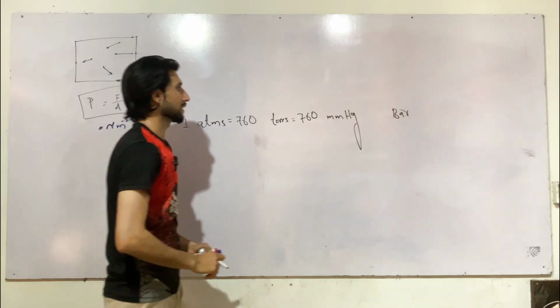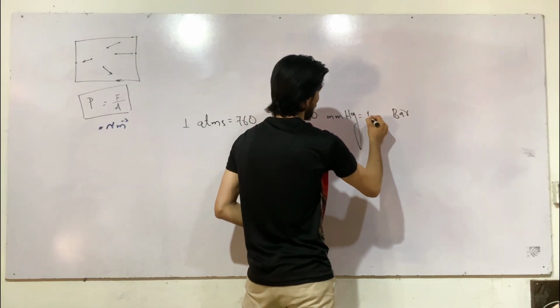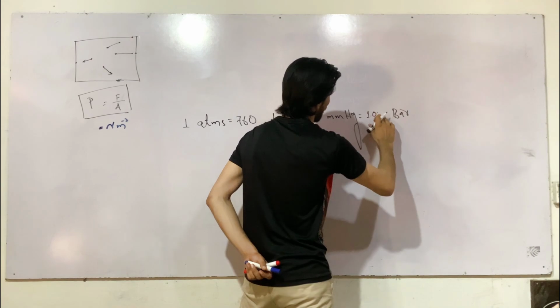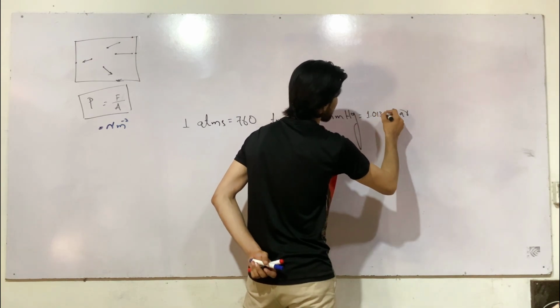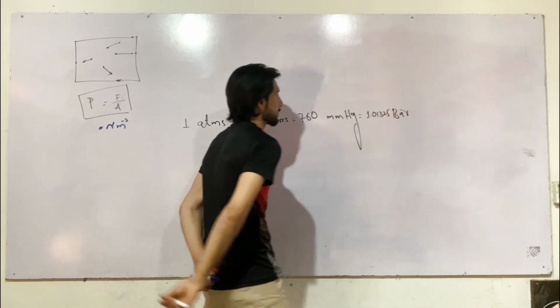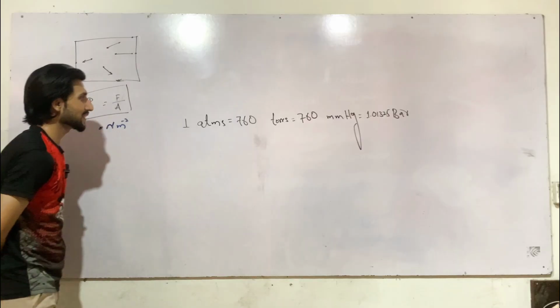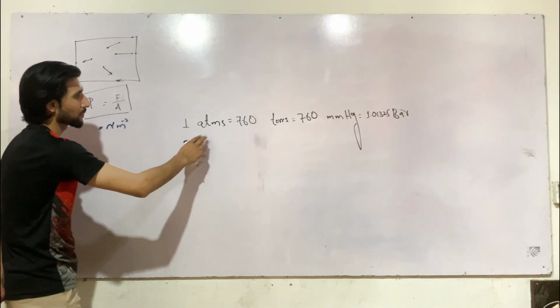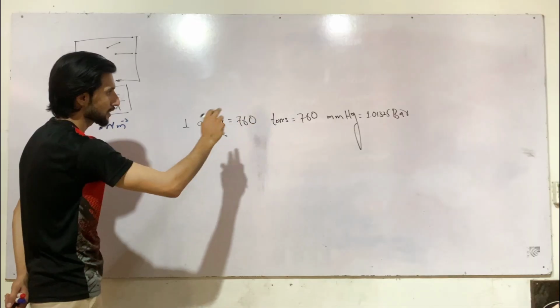And this is also equal to 1.01325 bars. So this is the relation between atm, torr, millimeter of Hg, and bar.